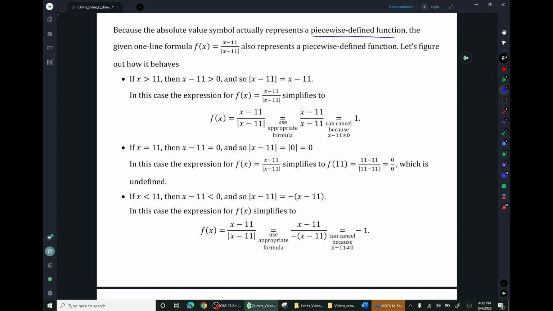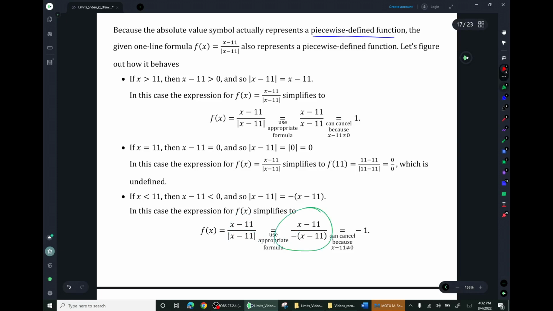So in this case, the expression for f of x, which is given by this formula, would simplify. We would replace this expression with this expression: the absolute value of x minus 11 is equal to the negative of x minus 11. So that gets us to here.